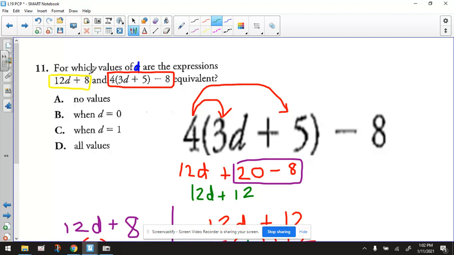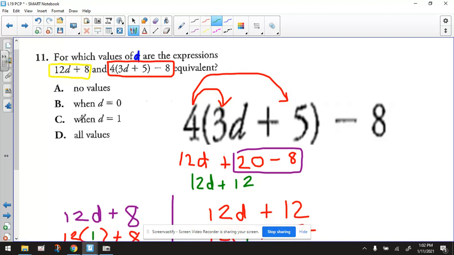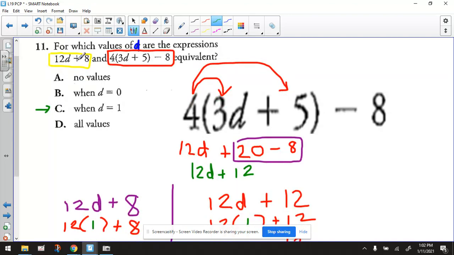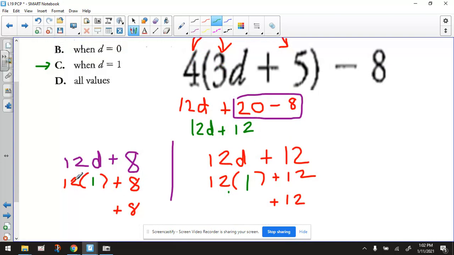But for those who don't understand the concept of that, let's just look at some of the choices here. So let's take choice C, for example. Choice C, if we substitute in the value of 1, if we put it in this expression and we substitute in a 1 and we finish this, wouldn't 12 times 1 be 12? And if we add 12 plus 8, we're looking at 20.